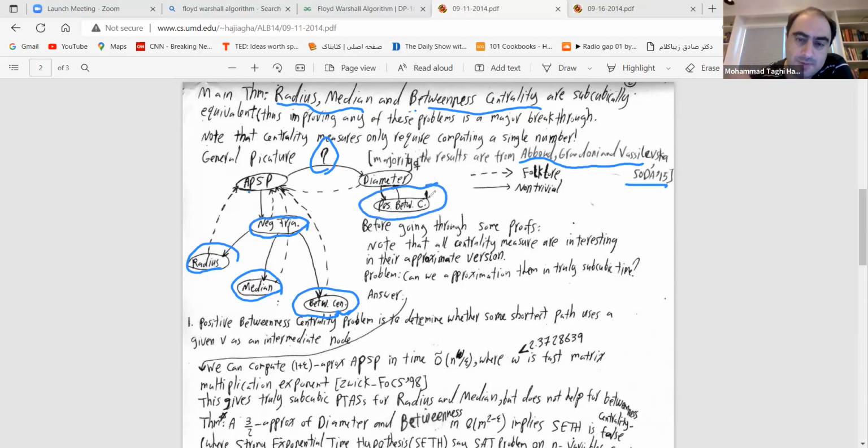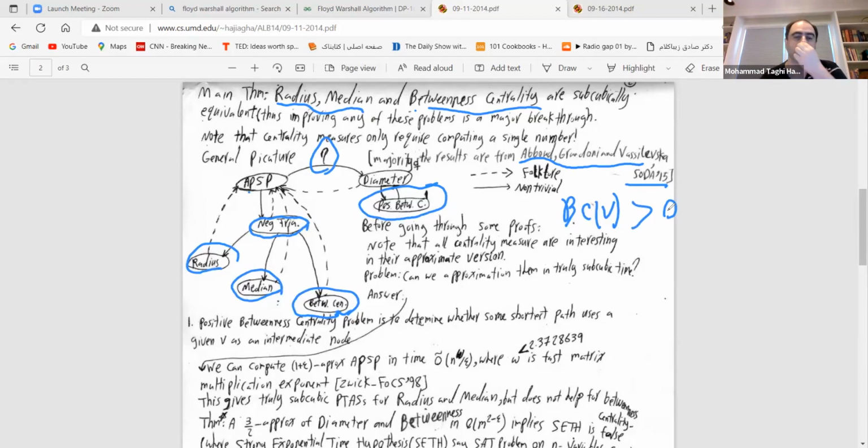For positive betweenness, we talk about the BC of V, the betweenness of V. The question is how many shortest paths are going through V. The positive betweenness is the problem that asks whether, for a vertex V, this number is greater than 0 or not. So the question is: are there two vertices S and T such that the shortest path between them goes through V or not?